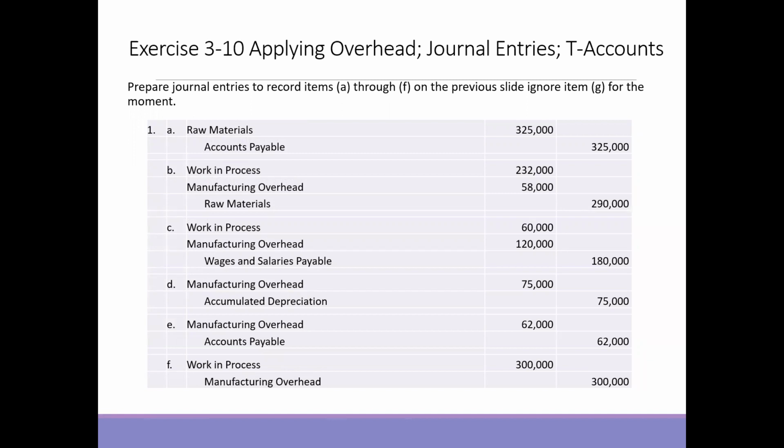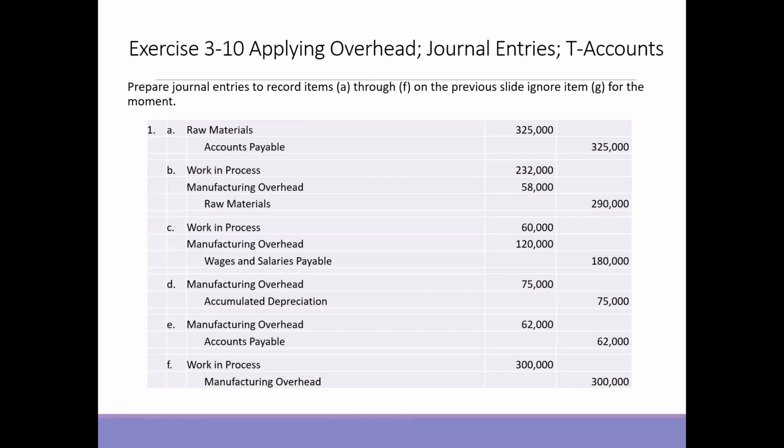It gets credited from raw materials of 290,000. Next, we debit our work in process for 60,000. We debit our manufacturing overhead for 120,000. We credit our wages and salaries payable for 180,000.